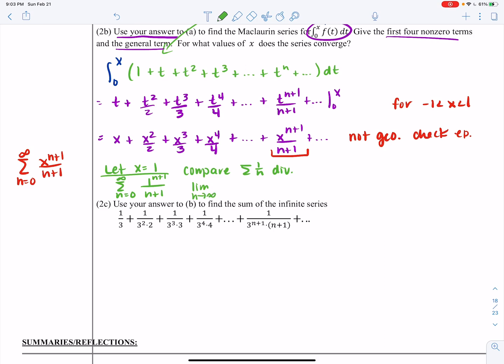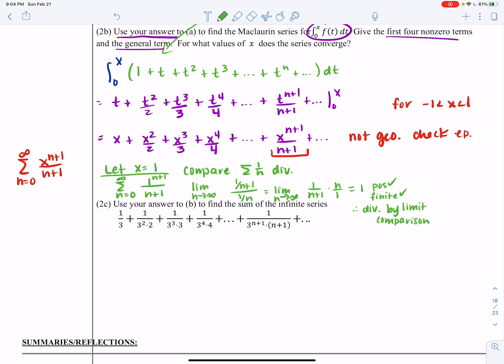Remember that it is original series over the comparison series, multiplying by the reciprocal. We get 1. 1 is positive and finite, which means it's going to diverge, behave the same, by limit comparison.